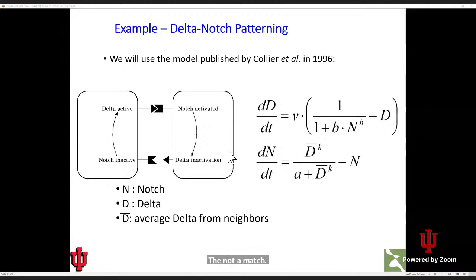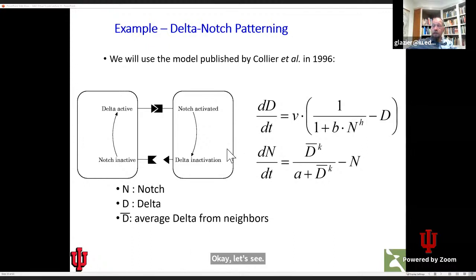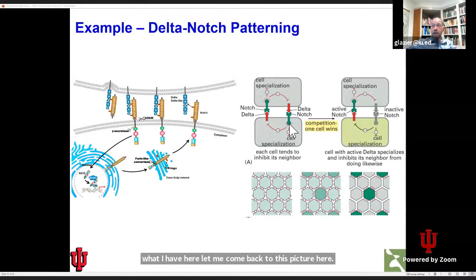Yes. I think it should be important here to explain what the inhibition here means. Okay, let's see. So let me come back to this picture here. If I have activated notch, that is this NICD notch, that reduces the amount of delta in my cell.